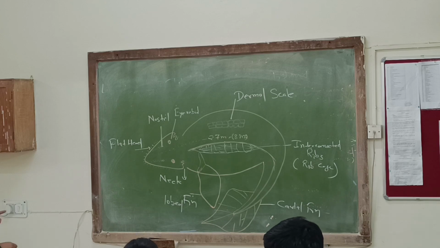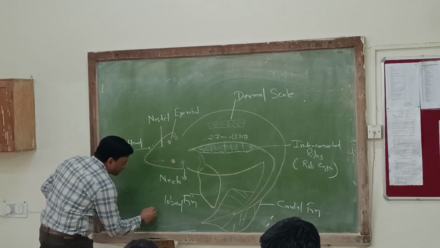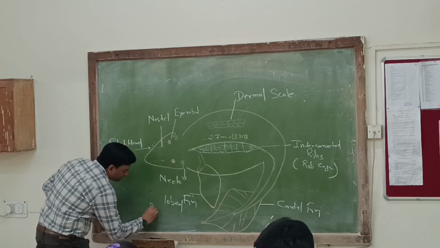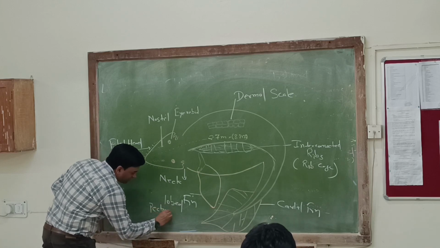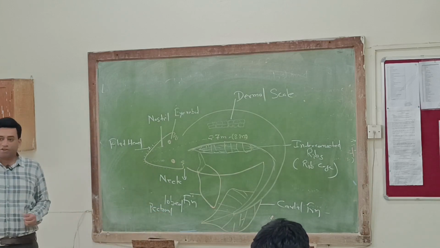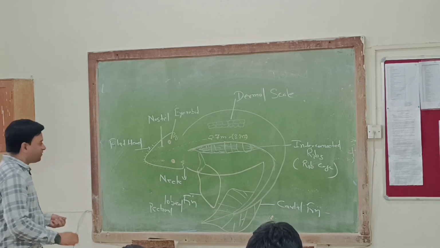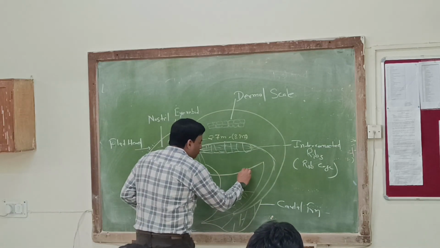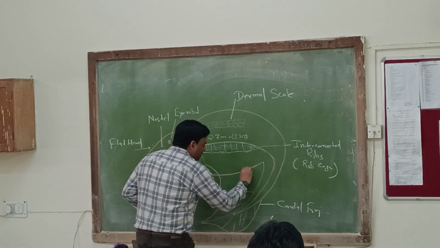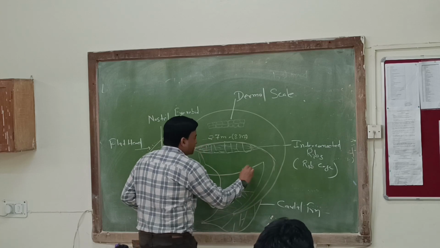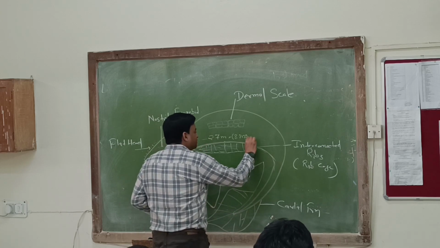This is a what fin? This is a pectoral fin. And not only the pectoral fin, it has also got a pelvic fin. Although not that much developed, but yes, there was a fin.